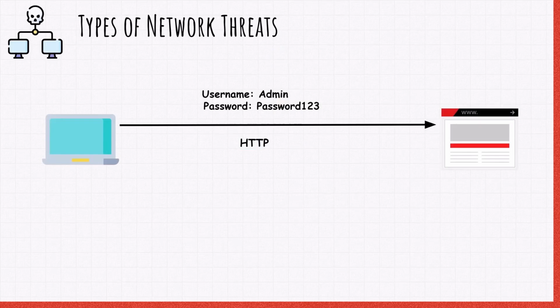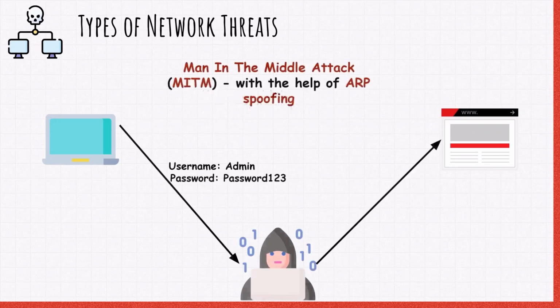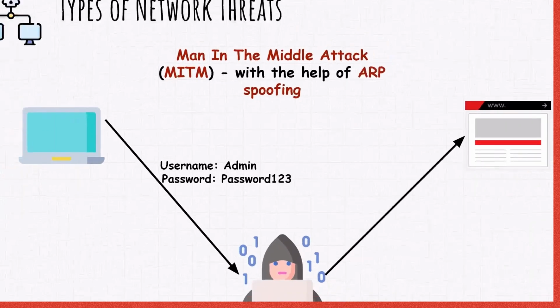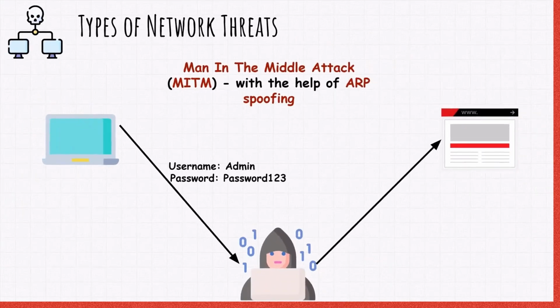This is a security issue, as let's say, for example, you have a website that you want to log into with your account. If the website uses HTTP and you input your username and password, that traffic, including your username and password, will be transferred in plain text. This is vulnerable to the attack called man-in-the-middle attack, or MITM, which is one of the most common network attacks out there.